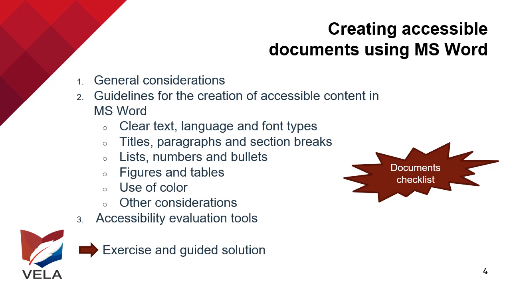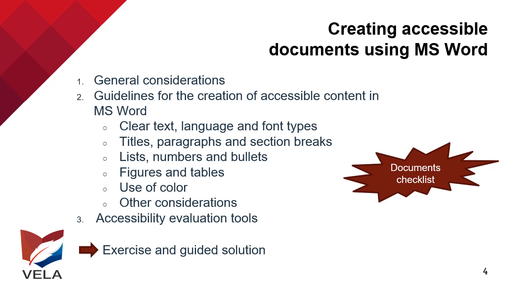Some of the important aspects you will learn in these guidelines are: the font types matter, as some of the fonts are difficult to read on digital screens and others in printed documents.